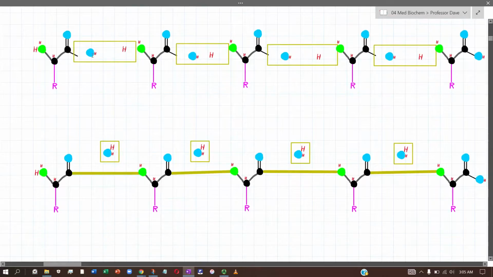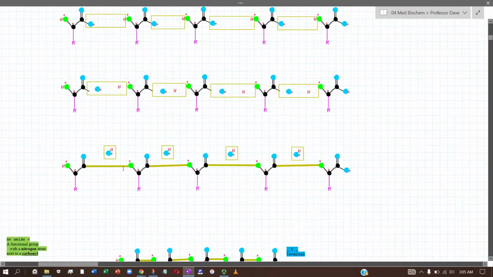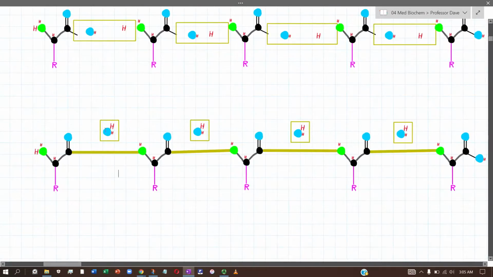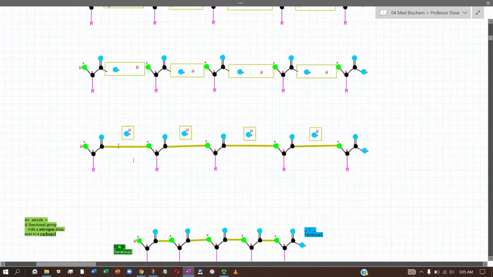So what do you get when you have an oxygen and two hydrogens? You get H2O, aka water. Hence, this is a dehydration reaction in order to create the peptide bonds. These are dehydration reactions, and that's how you get your polymer.